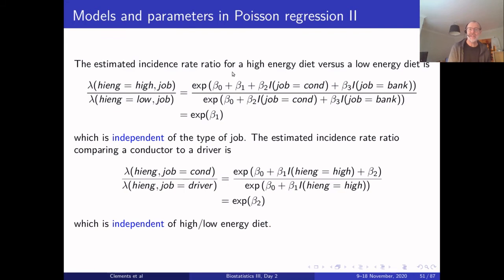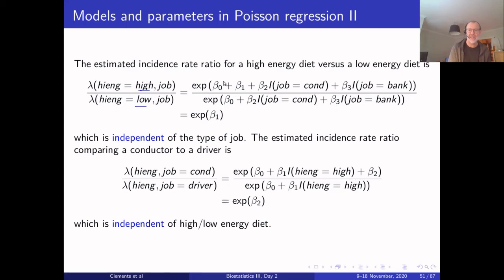The estimated incidence rate ratio for high energy diet versus a low energy diet, so comparing high with low for any given job, is equal to this from the previous page divided by this.